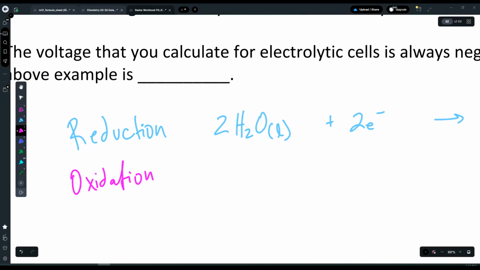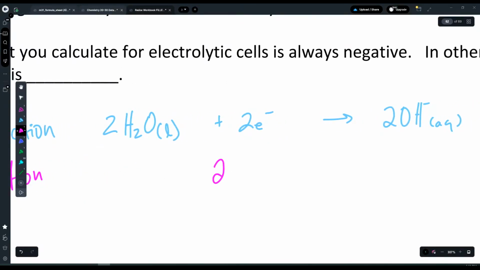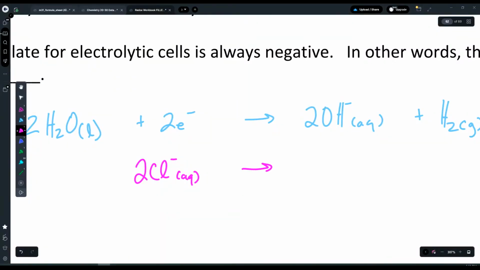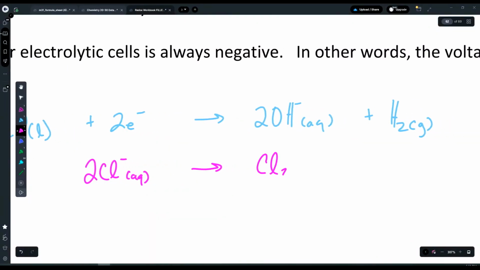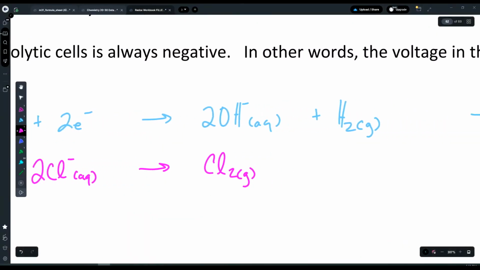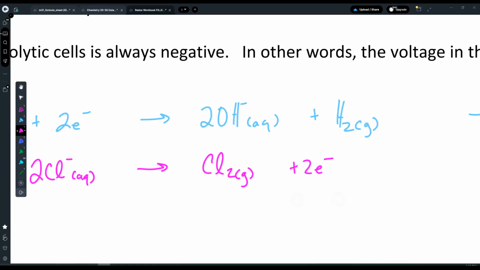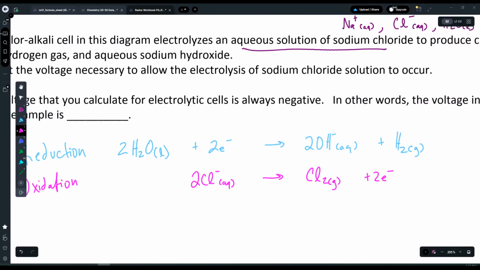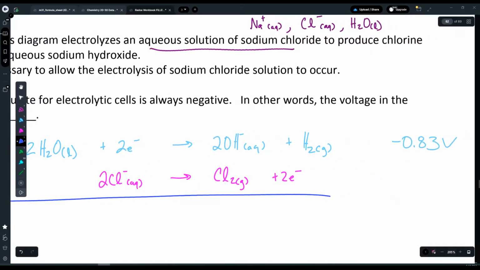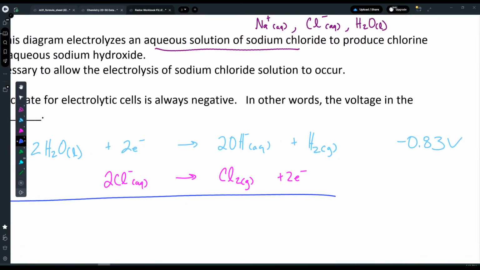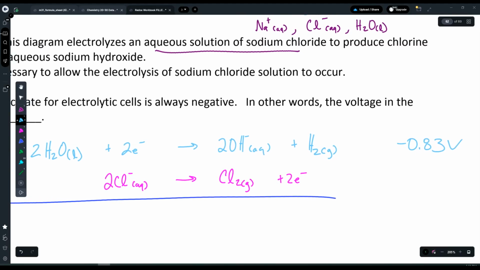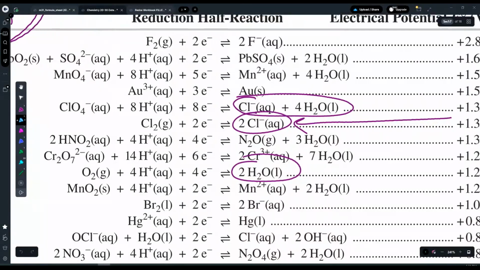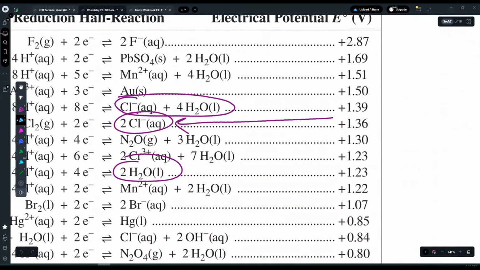And then for the oxidation reaction, I'm going to scooch this over actually. So our chloride ions produces chlorine gas plus 2 electrons. Okay, and the electric potential for that is positive 1.36.